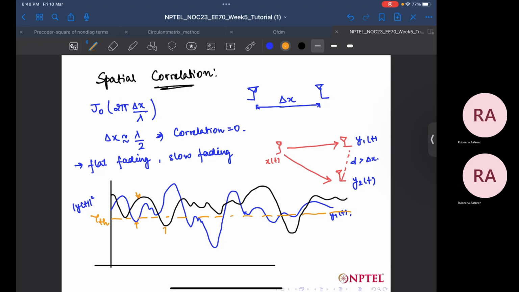Likewise here, this channel will be going into deep fade, but this one will be fine. So since both are uncorrelated, there is very high probability that both will not go into deep fade at the same time, right? So this is the basic idea towards why we are using multiple antenna systems.